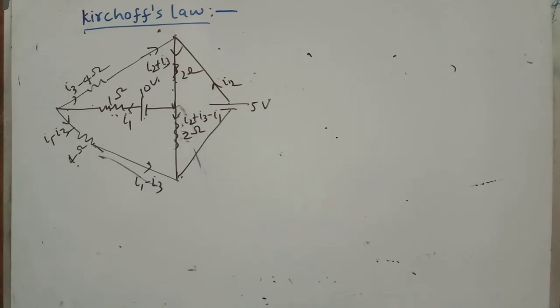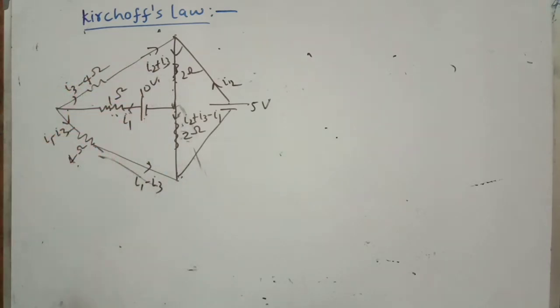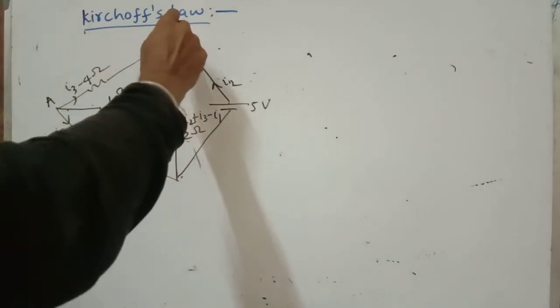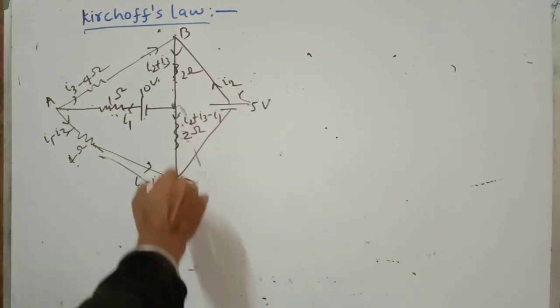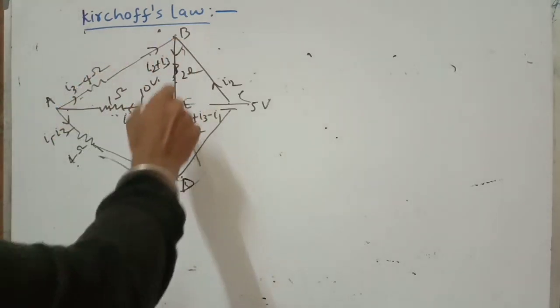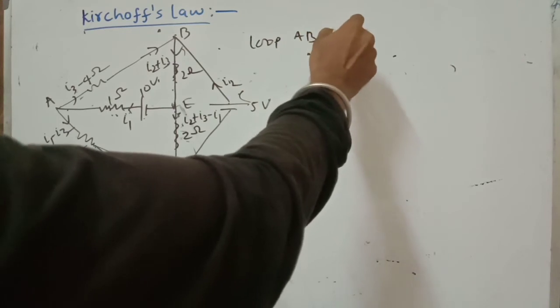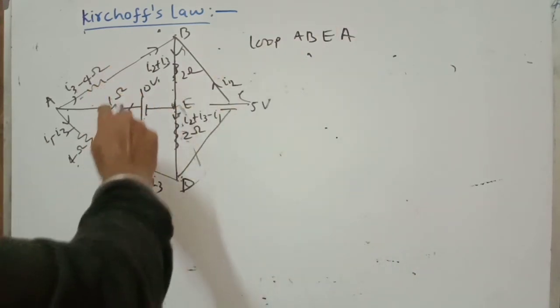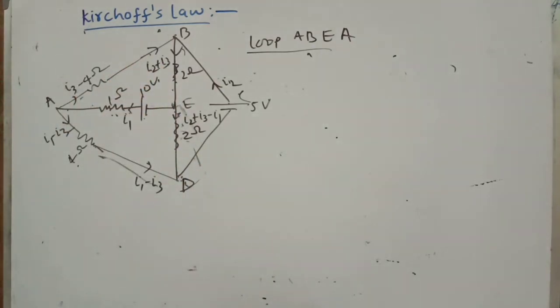So now we already got the current in every branch. So we can write the loop flow. First you give the names A, B, C, D, E. Now apply the loop A, B, E, A. Write the algebraic summation of all potential in a loop is equal to 0.